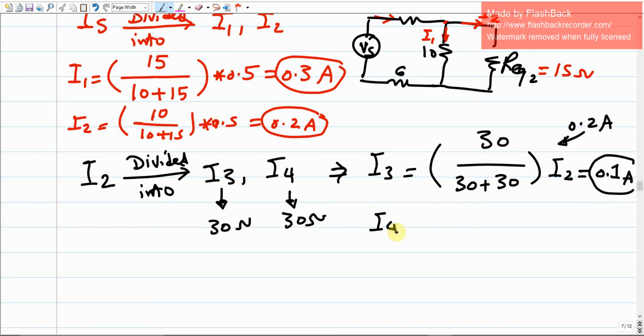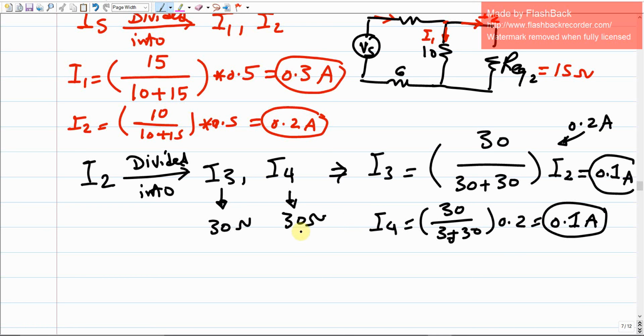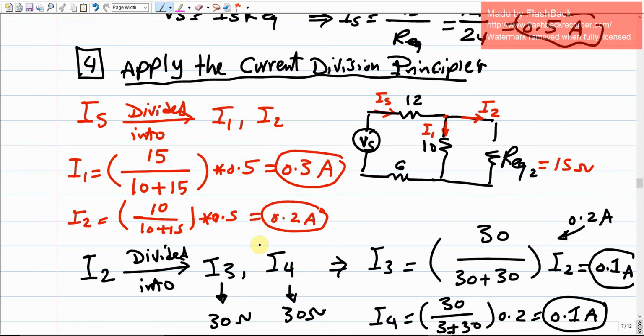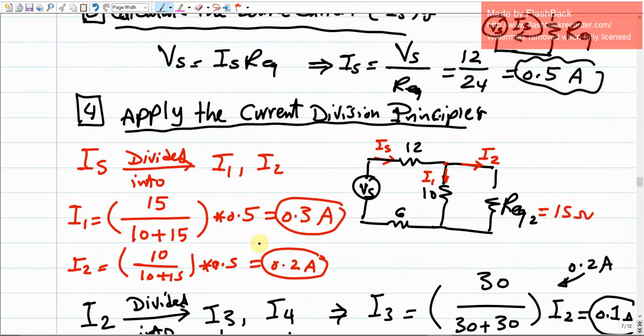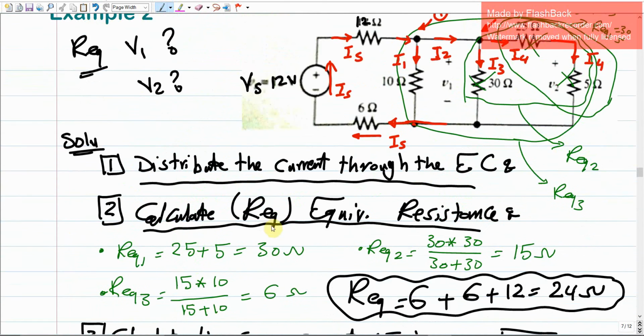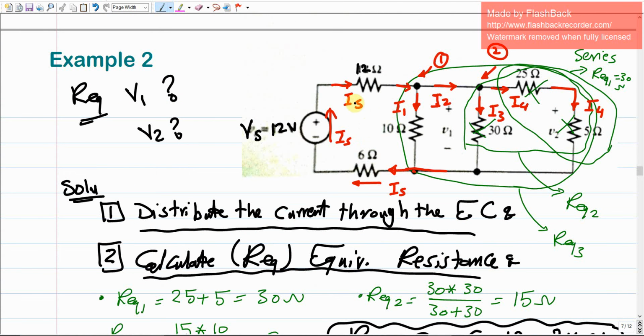The same if you did it for I4, it is going to be 30 divided by 30 times 0.2, which is going to give us also 0.1 ampere. And this makes sense since these two currents are going to feed the same resistances. Make sense? So this is step 4, just to apply the current division principle, and we calculated all the currents that we have: the total current, I1, I2, I3, I4.